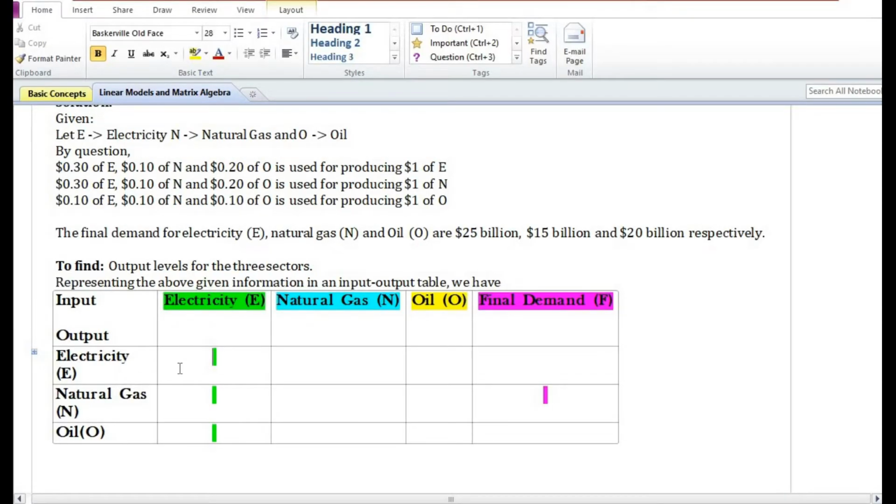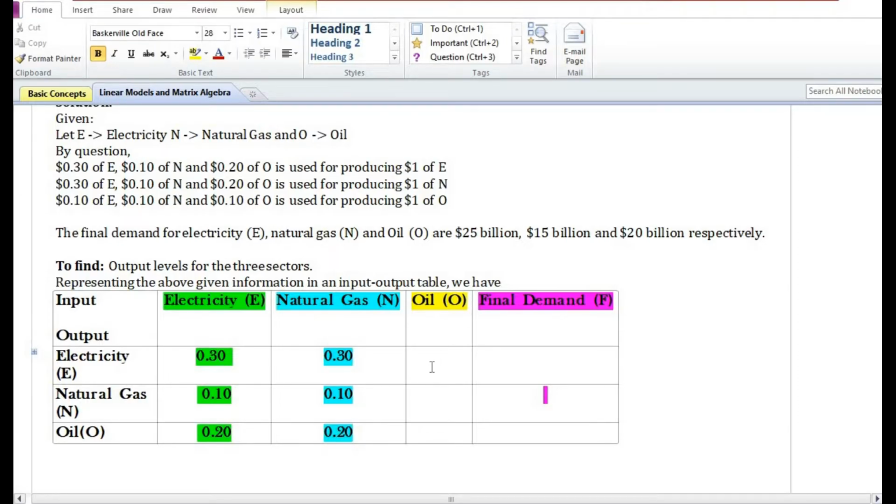Let us represent the above given information in an input-output table. So in the production of $1 worth of electricity, $0.30 of electricity is used, $0.10 of natural gas is used and $0.20 of oil is used. In the production of natural gas, $0.30 of electricity is used, $0.10 of natural gas is used and $0.20 of oil is used.